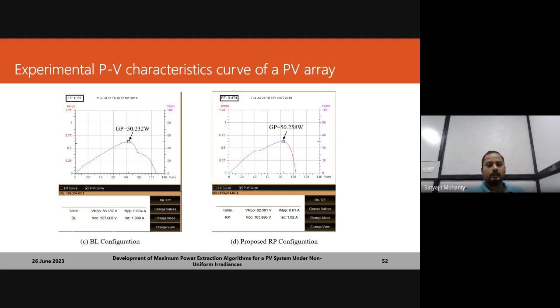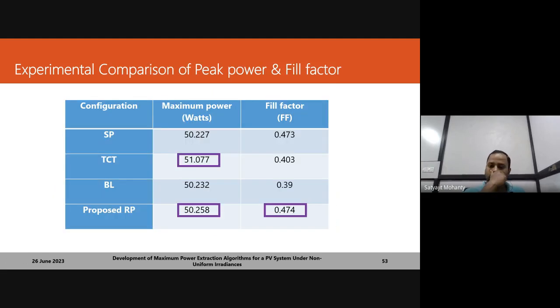Now coming to the comparison table, you can see I have highlighted it over here. If you compare the maximum power obtained and the fill factor, only the total cross tied is able to generate more power as compared to the proposed. But compared to series parallel and bridge link, the proposed RP shows better performance.